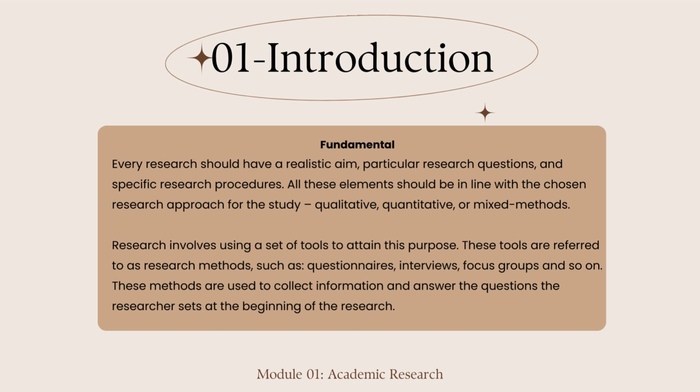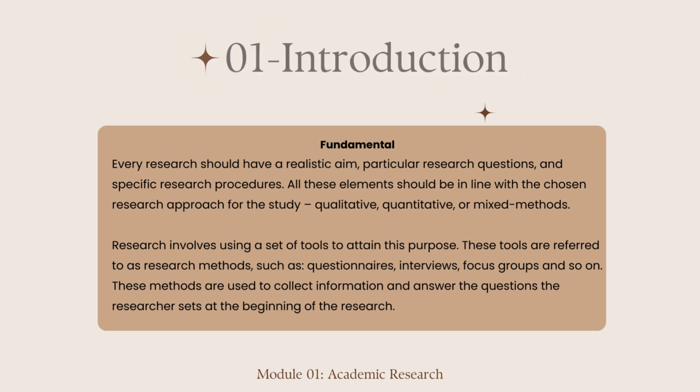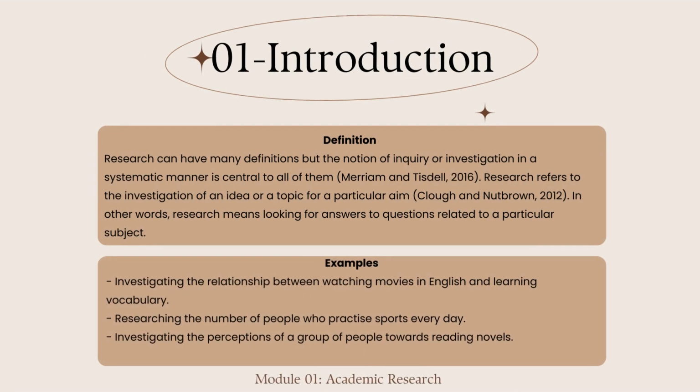What I'm trying to say here is that if you choose to do qualitative research, for example, your choice should be based on the nature of your research. If we take one of these examples, for example, if you decide to investigate the perceptions of a group of people towards reading novels, here you're interested in learning more about their experiences.